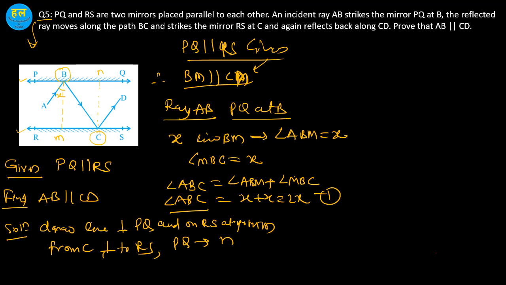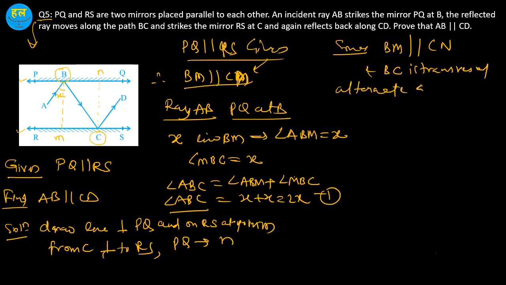Similarly, since BM is parallel to CN and BC is a transversal, it will make alternate interior angles equal.